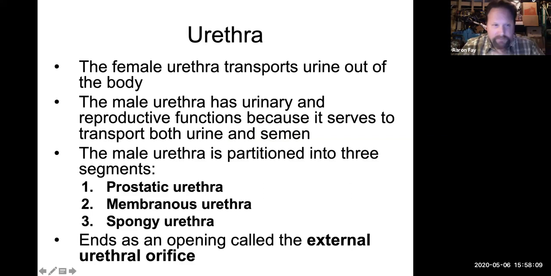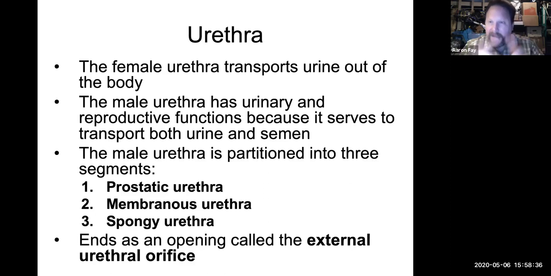So just one last slide to finish up. We had talked about these. In the ladies, the urethra is only for the transportation of urine. It has no interaction with the reproductive system. In men, it's shared between reproductive and urinary because it's going to carry both urine and semen at different times, right? It's one tube, but only one system gets to access it at once.